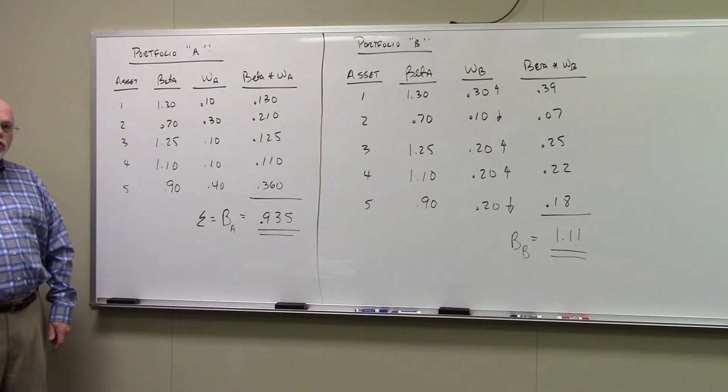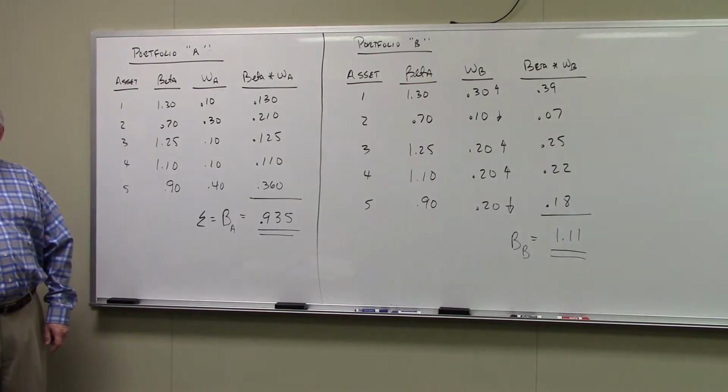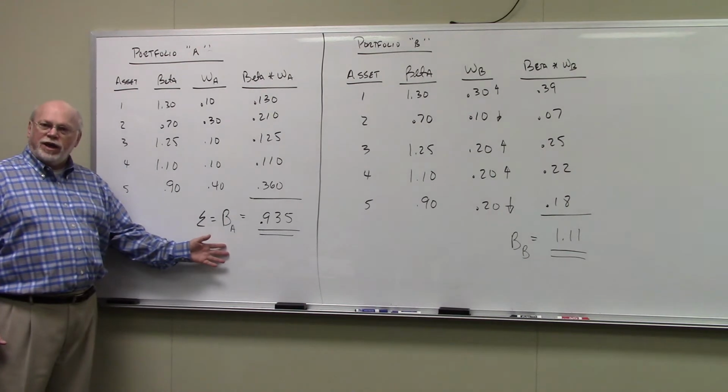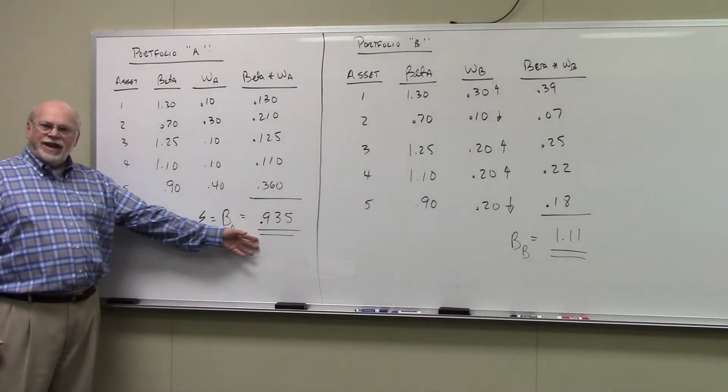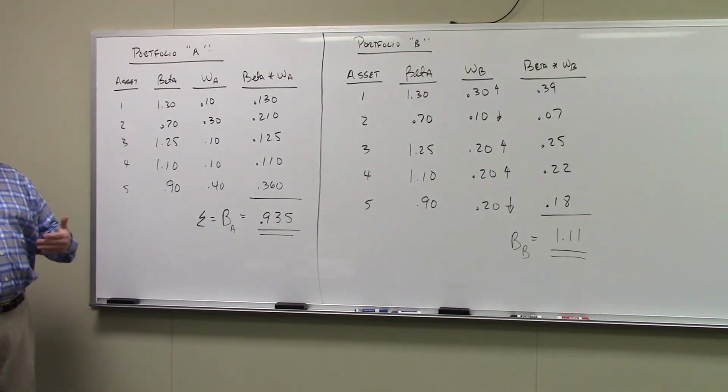So what return should you expect? Well, you should expect 93.5% of the market return. So again, this is how you calculate the beta of a portfolio, and in this case, this would be a defensive portfolio. That is, it has a beta less than 1.